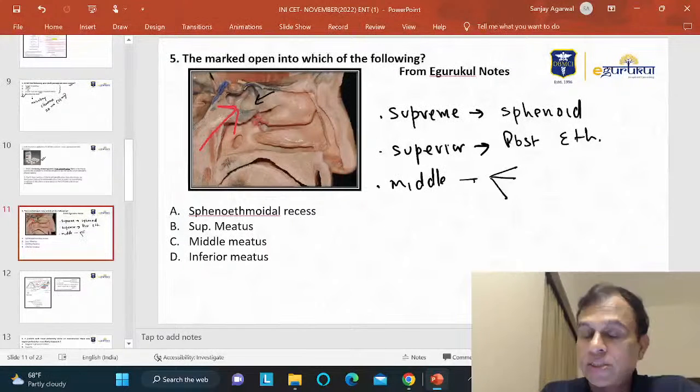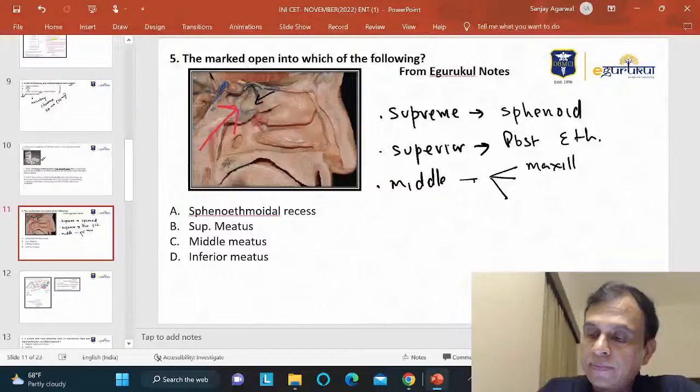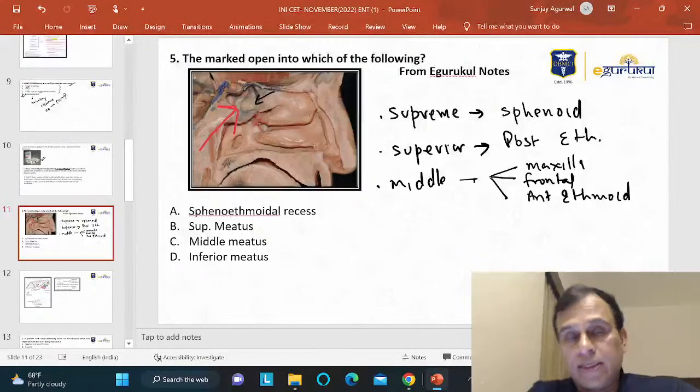Which are the 3 sinus ostia that open in the middle meatus? Maxillary sinus, frontal sinus, and anterior ethmoidal sinus. Now these are the 5 sinuses and their ostia. So all 5 done. Sphenoid in the supreme, which is the sphenoethmoidal recess, posterior ethmoid in the superior, maxillary, frontal, and anterior ethmoidal in the middle meatus.